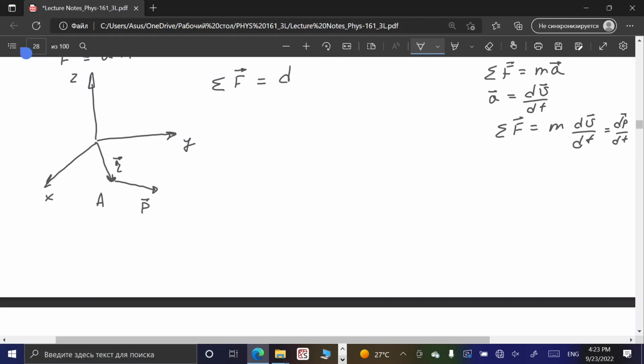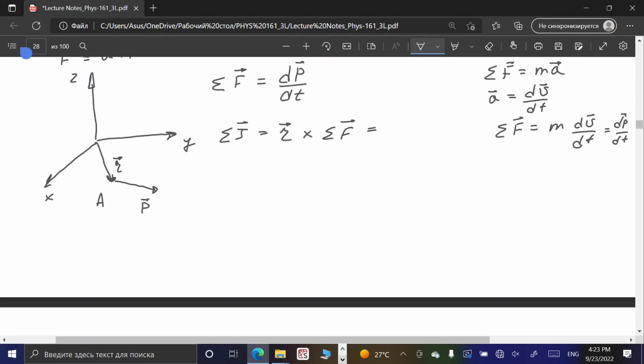So here we can write dp vector over dt. And the net torque exerted on this body will be, by definition, which we already know, the position vector cross product with the net force vector.